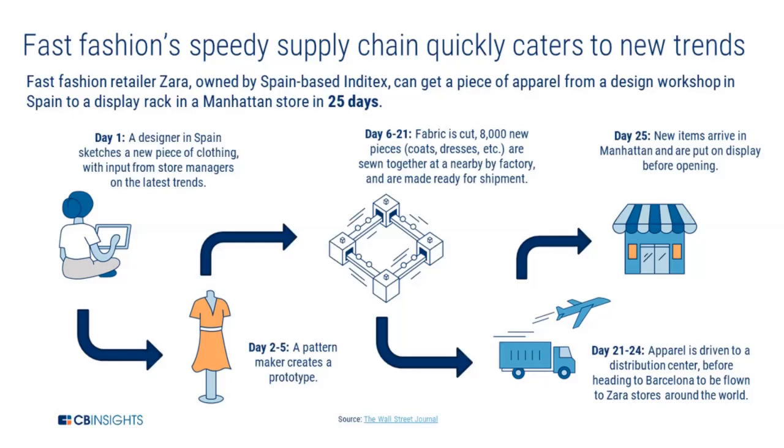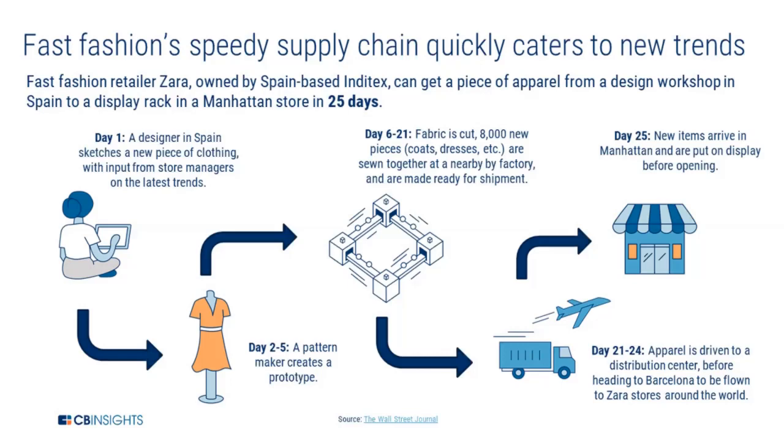Then on days 21 to 24, apparel is driven to a distribution center before heading to Barcelona to be flown to Zara stores around the world. And on the last day, day 25, new items arrive in Manhattan and are put on display before opening.